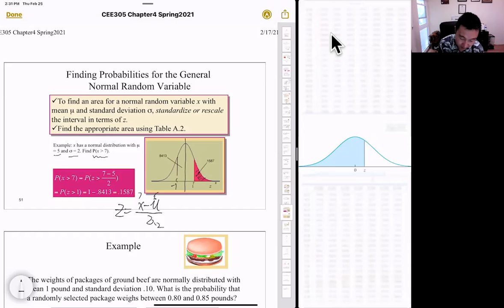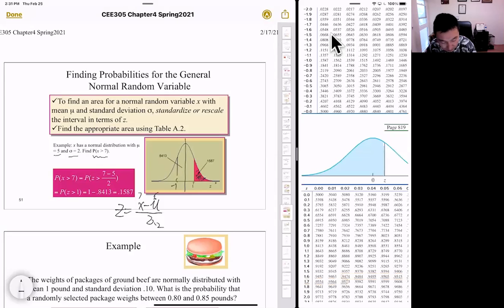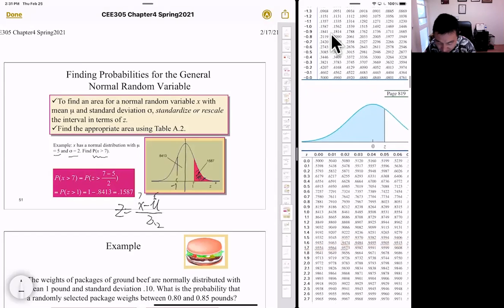But remember, table 8.2 only tells us the left hand tail. So let's find the z-score of 1.0. It is here, 0.8413, and that is the left hand tail, the green blue area.